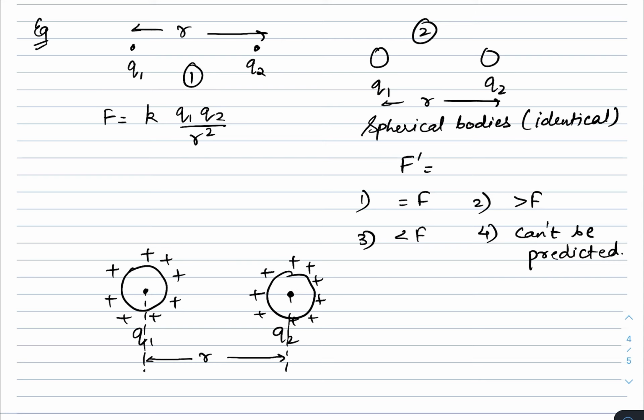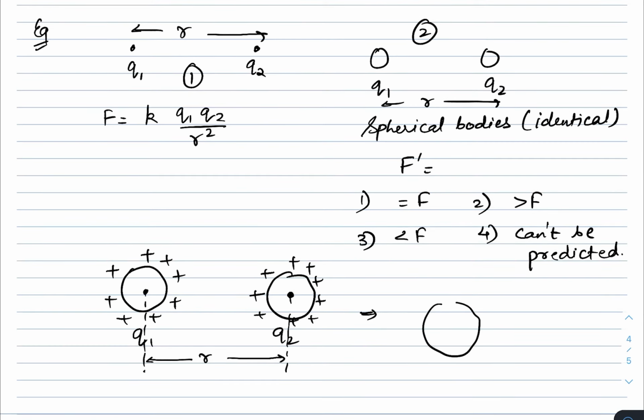Now when these two charges come close to each other, they will try to repel, and as a result the charge will get shifted on the farther surface, which results in an increase in the center of charge distance.